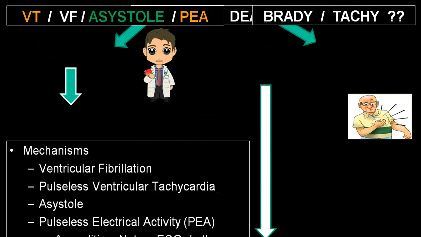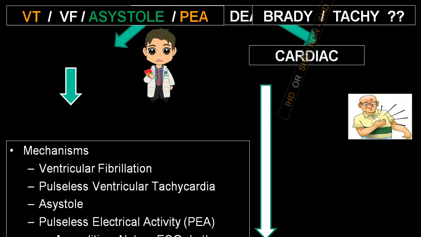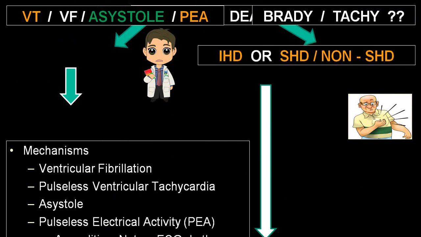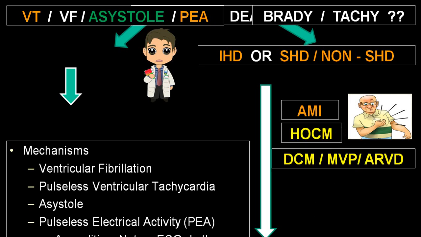I've already mentioned everything. You can have cardiac causes, which can be ischemic heart disease, structural heart disease, and non-structural heart disease, like acute MI, hypertrophic obstructive cardiomyopathy, which will be structural, mitral valve prolapse, ARVD, dilated cardiomyopathy; they will be structural heart disease.